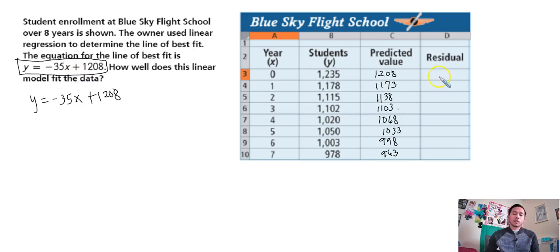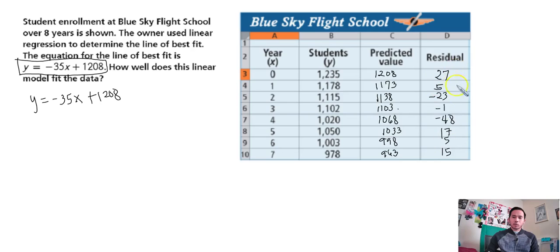Now, what you do for the residual is you just subtract these two. If I subtract, that gives me 27, and then 5 here, and you do the same there. So the residual is the student y minus the predicted value for y.